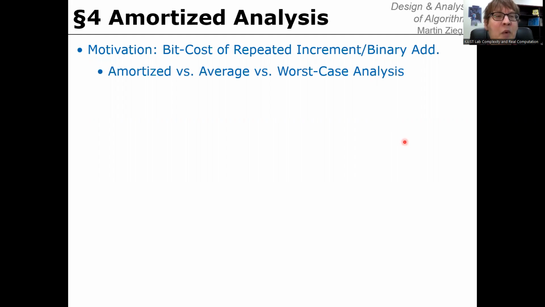We're going to compare the similarities and differences between amortized analysis on the one hand and average case analysis on the other hand, as opposed to our traditional paradigm of worst case analysis. Then we'll proceed to the already mentioned Fibonacci heaps, a new data structure that allows us to realize a priority queue with drastically improved amortized costs.